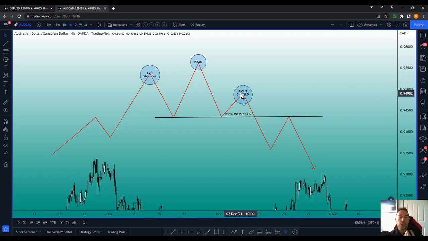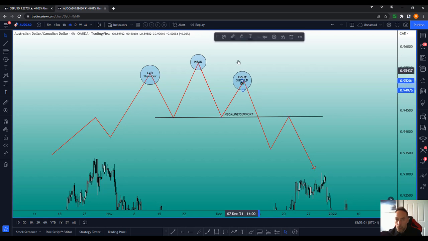I don't want you to go away from this tutorial thinking that that's the only way a head and shoulders would form, because it can form like this. You've just got to remember that it's a high, higher high, lower high. That is what you're looking for, and it could be anything like what I'm showing now.